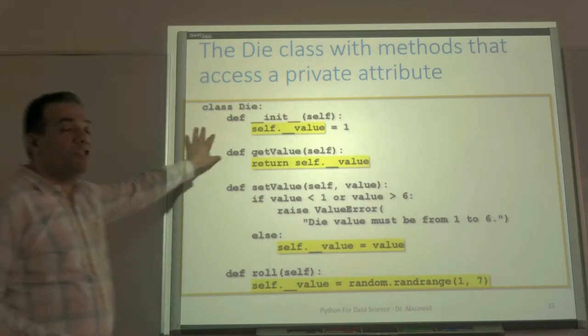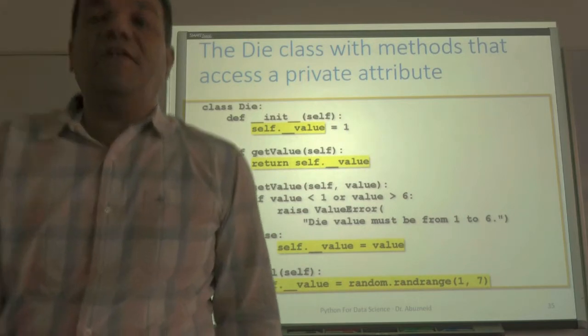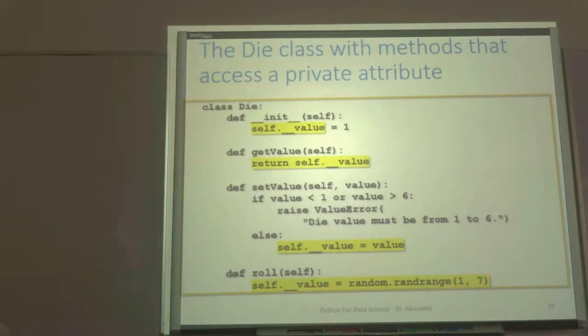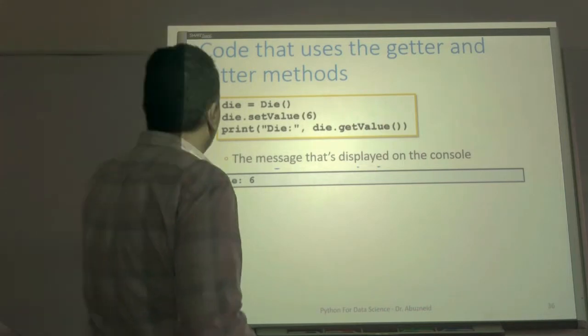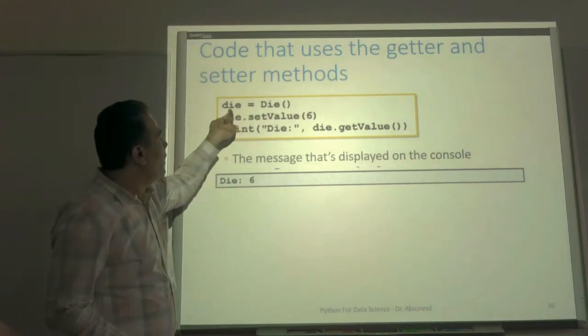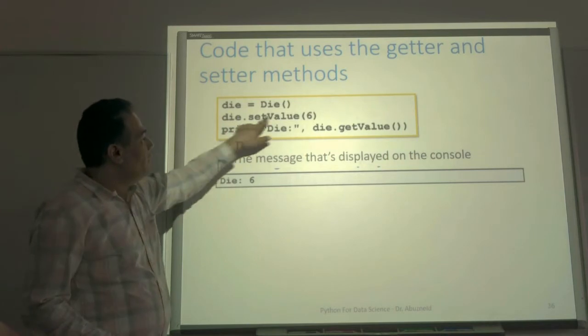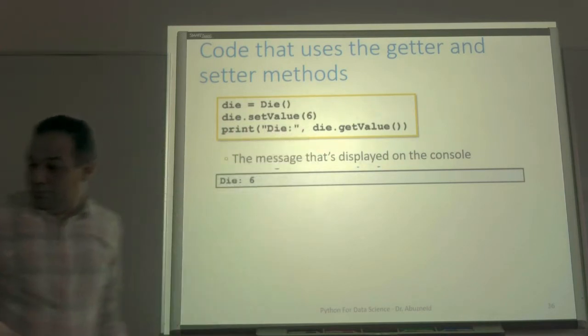Okay. So this is the old fashioned way. We use 2 methods, getter and setter. All right? So here is code that uses the getter and the setter. So I'm creating a die. Die set value 6.